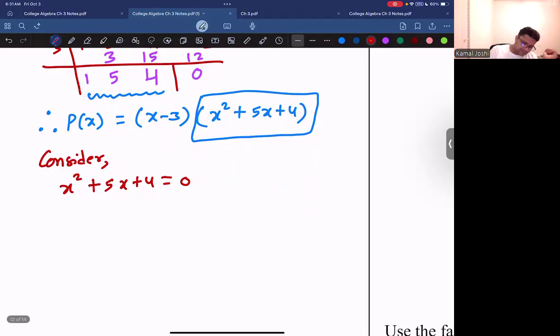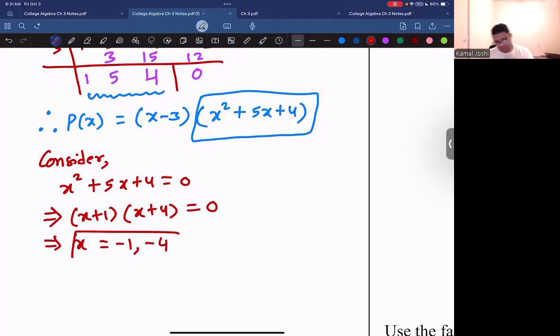I can see factoring works here, so I'm going to go with factoring. You can do it by other methods if you prefer. It is x plus 1 and x plus 4. That gives you x equals minus 1 and minus 4 as your other two zeros.